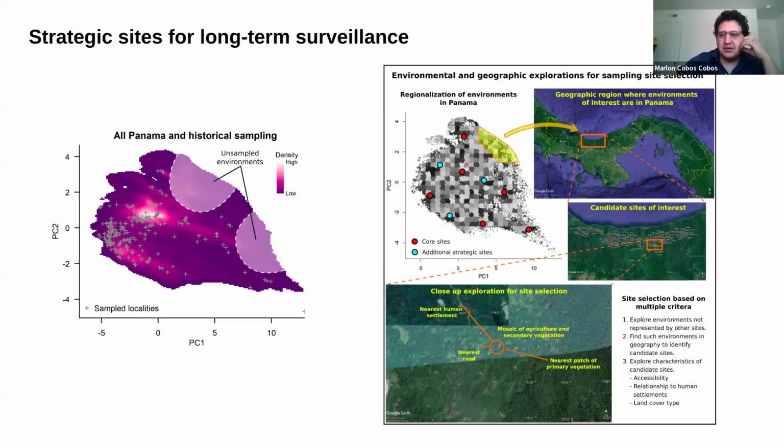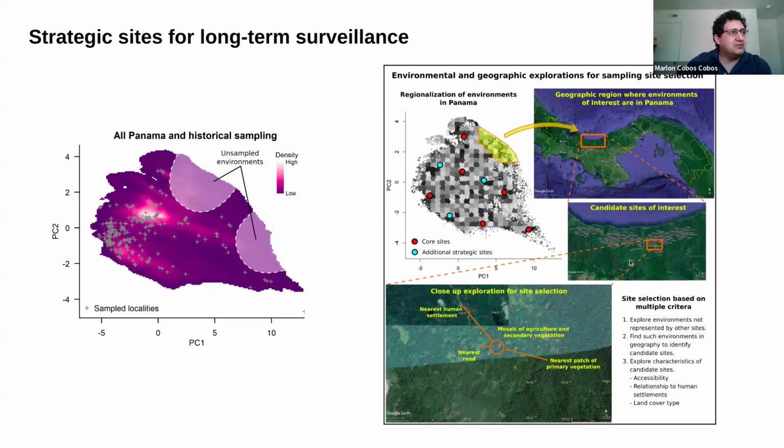And so this region over here, if you translate it and put it together again and back into geography, it's actually in this little region of Panama over here. And so if you go further and put all these potential sampling points in the geography, you get this.